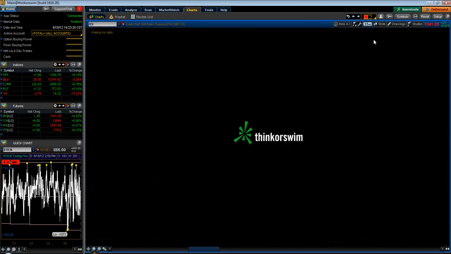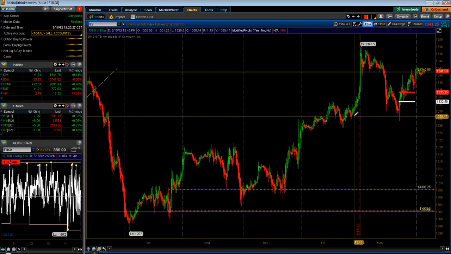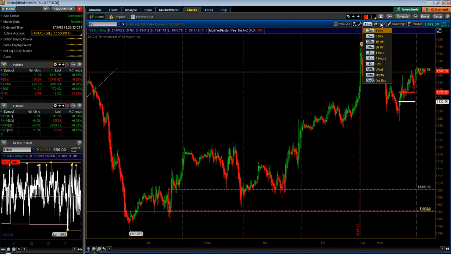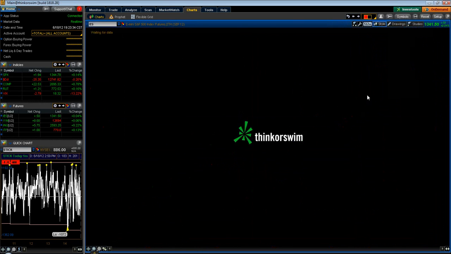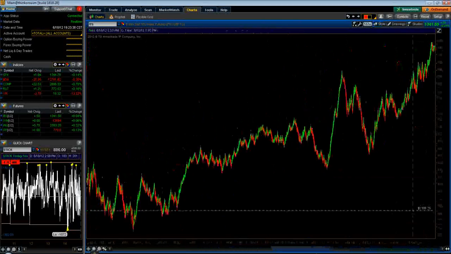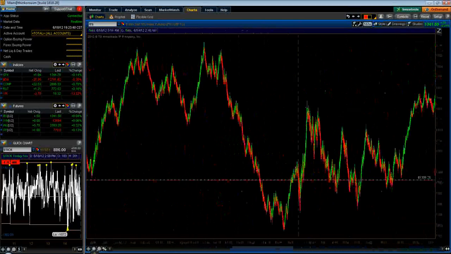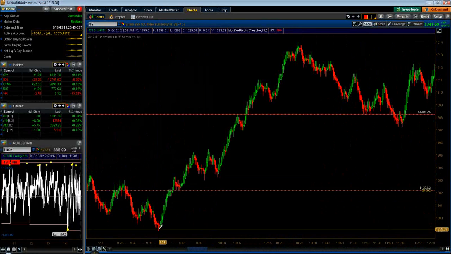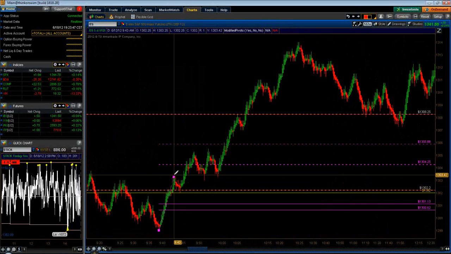Let's see. Gary has a question about the extensions. So Gary's question, with extensions, they're fairly tricky, and you don't know when the first one will work. See, an extension versus a traditional halfway back, I can draw from lows to highs.